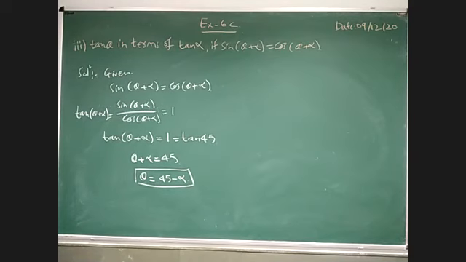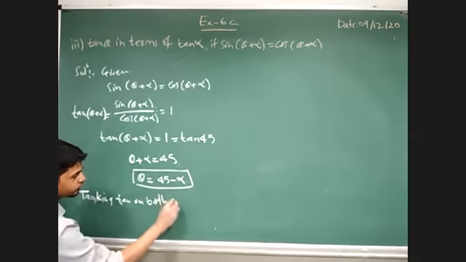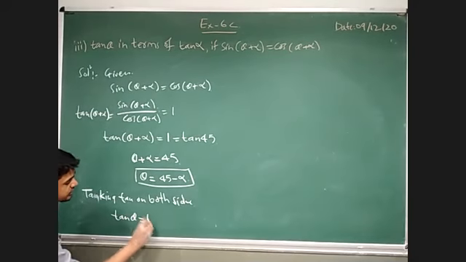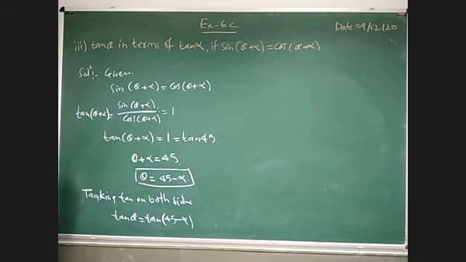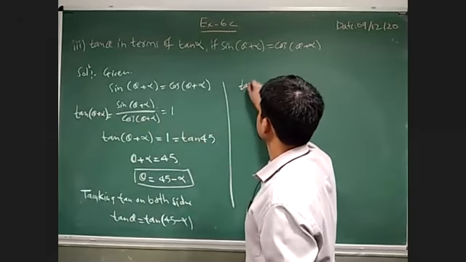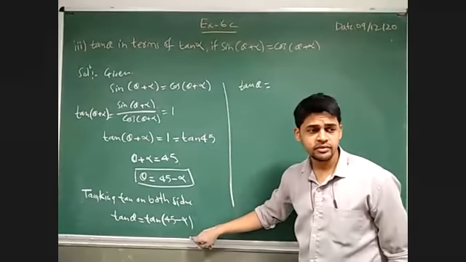Okay, now taking tan on both sides, then here I will have tan theta is equal to tan 45 minus alpha. Now just see here, for tan theta I am going to use the tan a minus b formula.